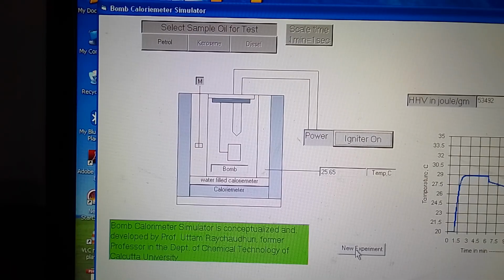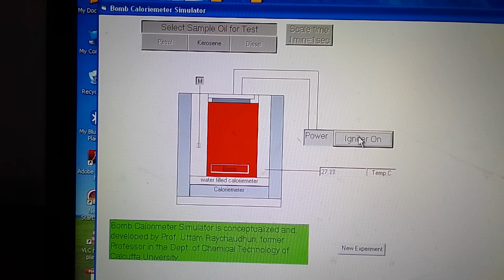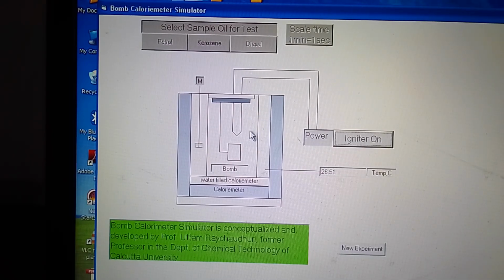Now we can try another sample, say kerosene. So we take kerosene as a sample, it's slightly bluish in color, and then the igniter is on. You will find that initially it suddenly goes red because of combustion, indicating the temperature, which you cannot see, but you can see the rise of temperature.